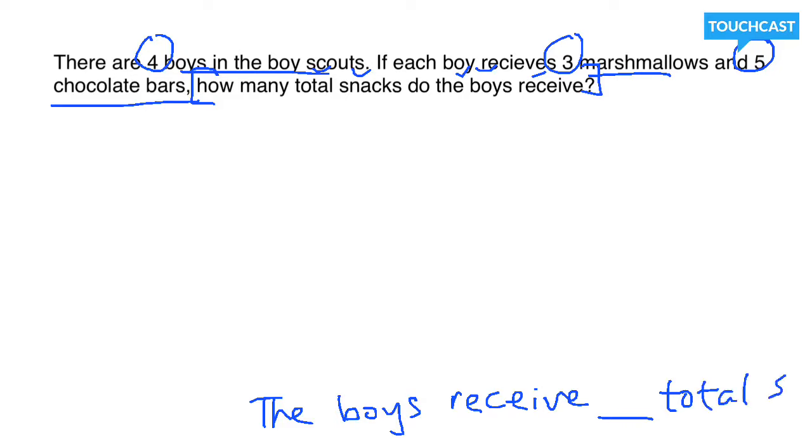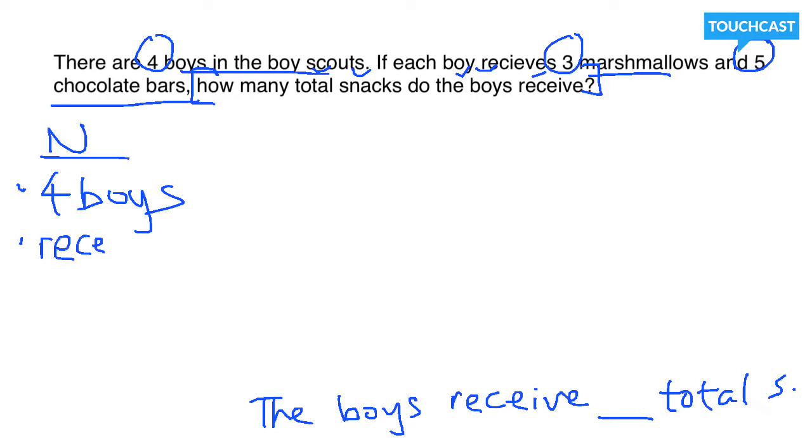And I'm going to put S for snacks, because we know that marshmallows and chocolate bars are types of snacks. Delicious. And let's take our notes. And for notes, what I do, you do. There are 4 boys. I guess I didn't have an action there. Okay. Each boy receives 3 marshmallows.